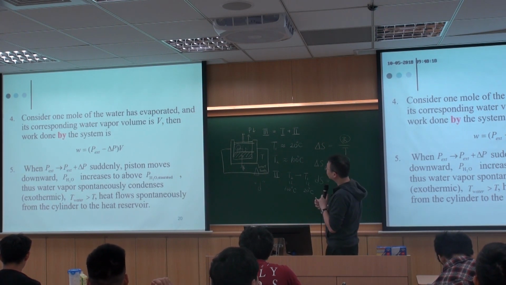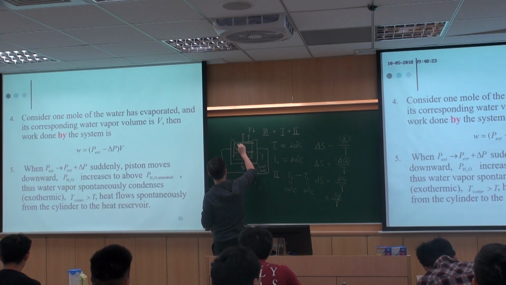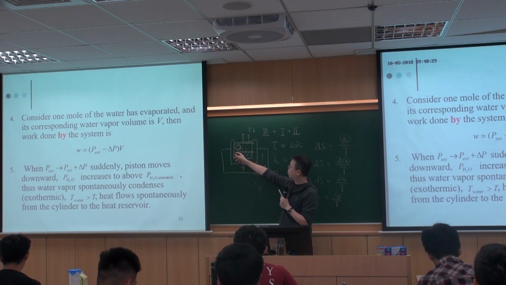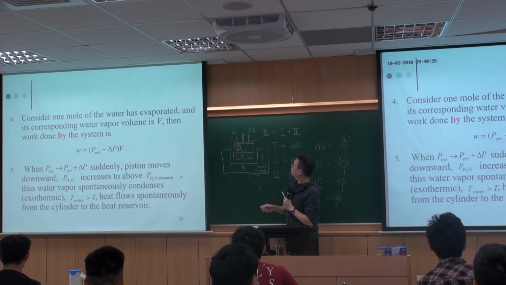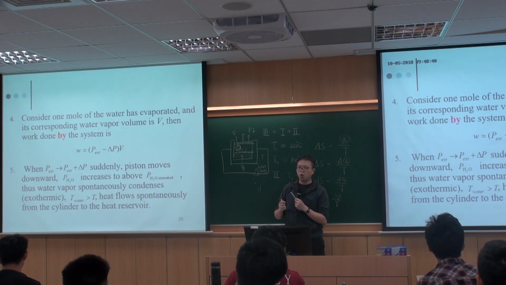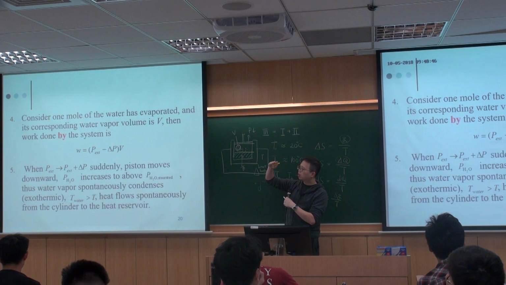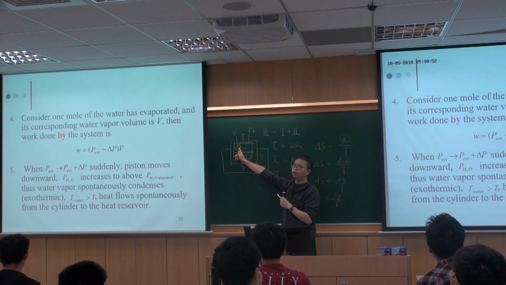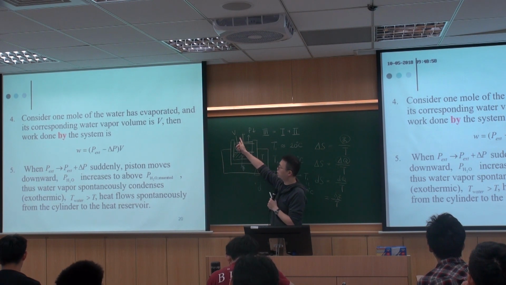It means that over here, this part of the water molecule, in terms of vapor, has a volume of V. Let's say originally this water vapor part already has a certain amount of volume, right? But when you move this piston up, you also increase a certain amount of volume, and that volume has to be filled up by the evaporated water molecule, and that amount is V.